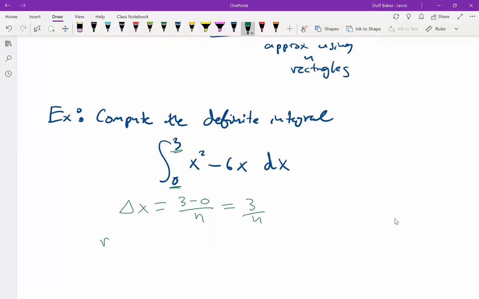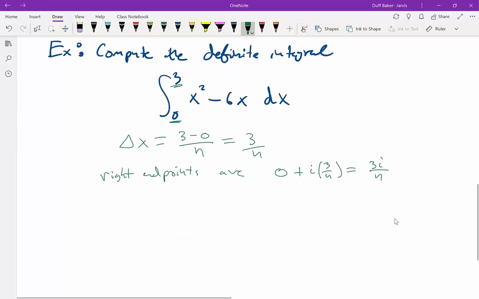And then right endpoints are always your left endpoint, your a, so that's 0 plus i times delta x. So that just simplifies to 3i over n. Okay. And then we go throw this in the definition.